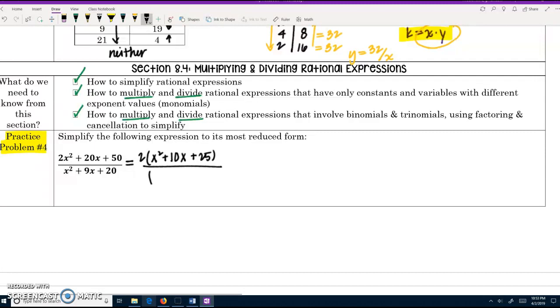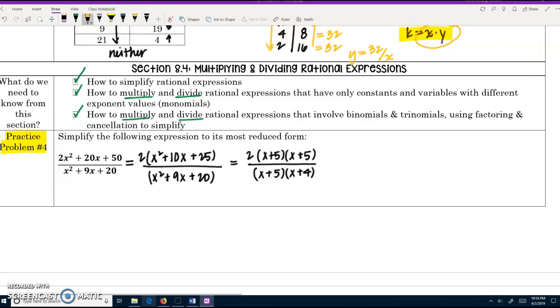And then down below, I still have my x squared plus 9x plus 20. So then what I want to do is factor. So the expression up top will factor to be x plus 5 times x plus 5. It's a perfect square trinomial in that sense. And then down below, what multiplies to 20 and adds to 9 are going to be 4 and 5.